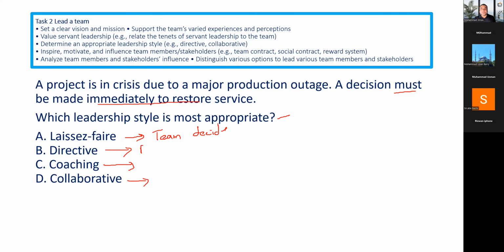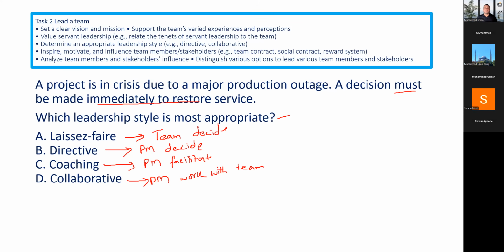In directive, the project manager takes the decision. Here, the project manager facilitates in reaching the decision. And here, the project manager works with them to reach consensus.